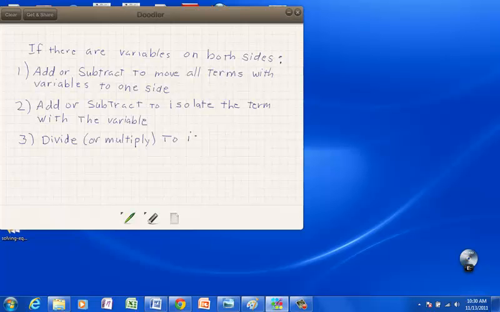Get the variable by itself. At that point, you should have an expression that says x equals or B equals, and you have your answer. There is one last step, and that's check your answer.